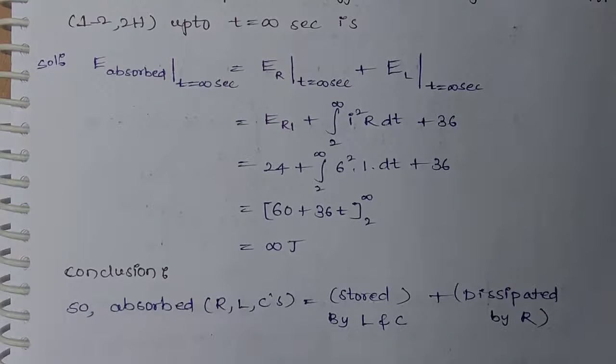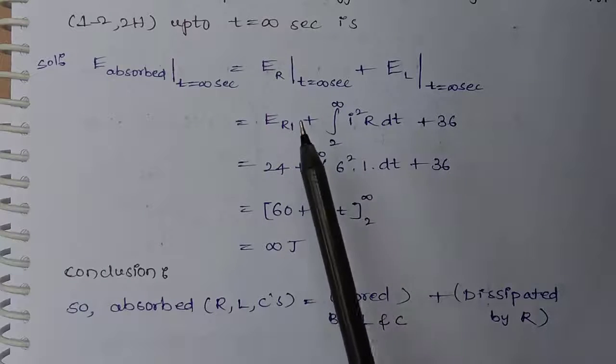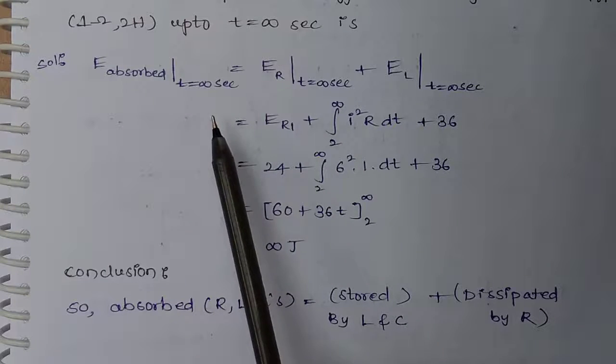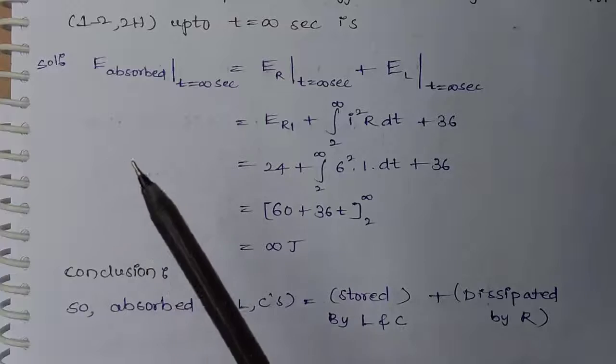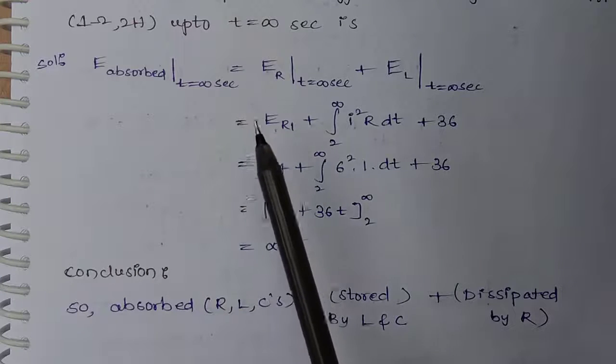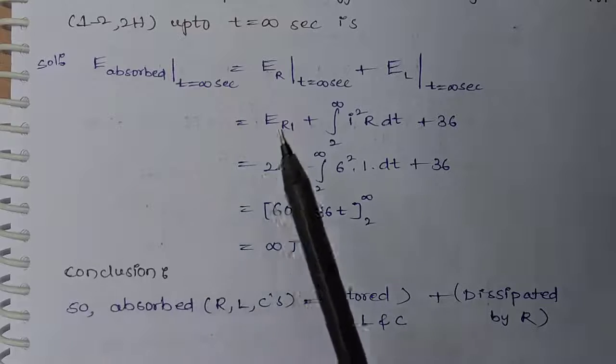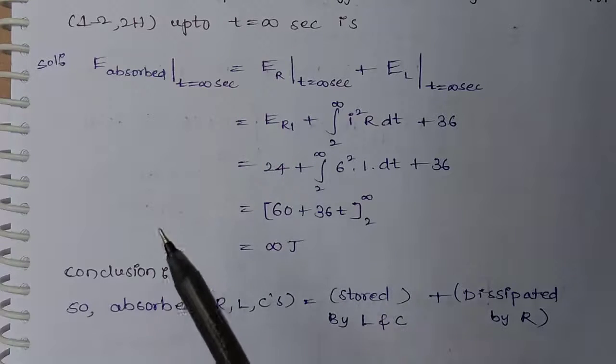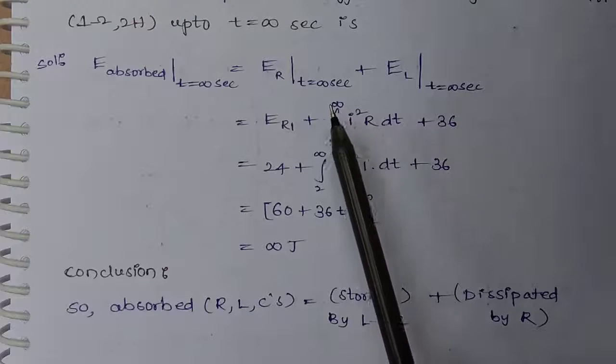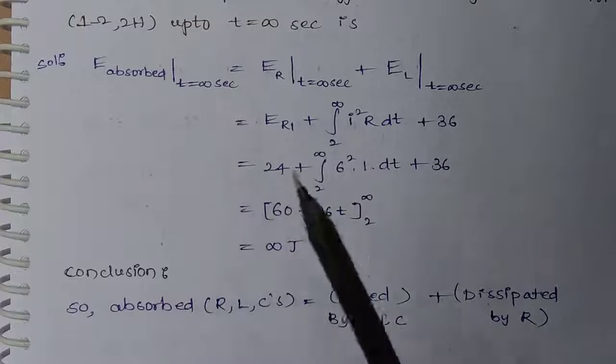Okay, now here you can notice one more point, that is, if you are giving a constant current to a practical inductor, and you are measuring the absorbed energy by that inductor, then that is going to become infinity. Why? The resistor is going to continuously dissipate energy.